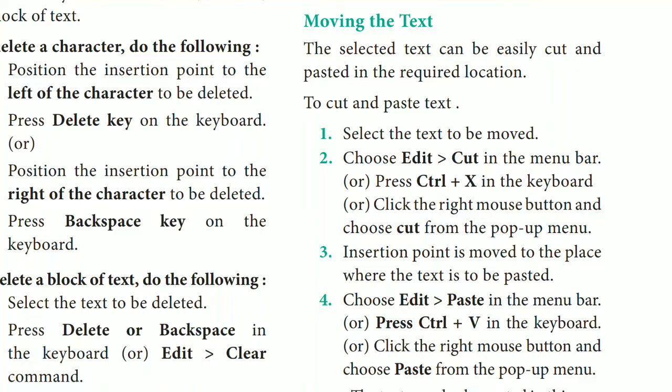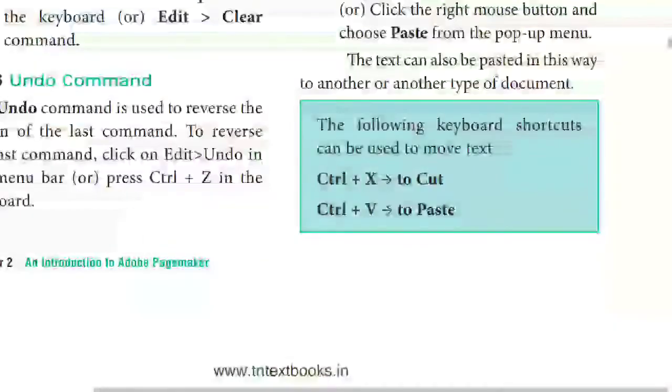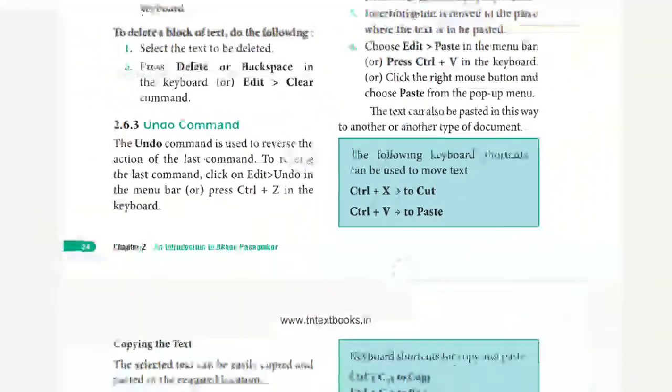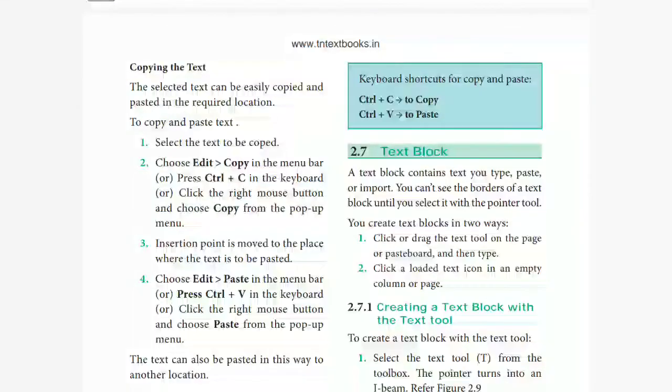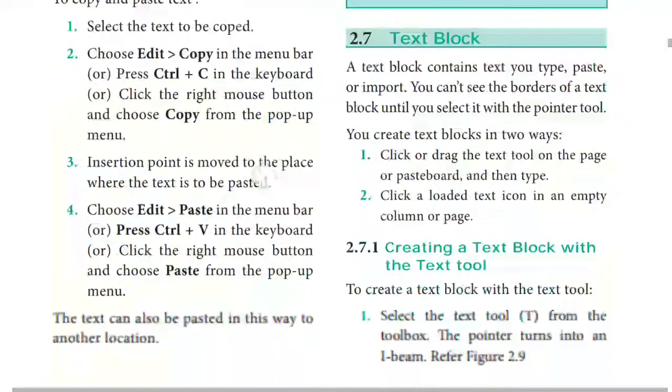Mostly all software has this as a standard procedure to move text from one document to another document. These are all the shortcuts: Control X, Control V. This is the shortcut key for paste, Control C plus Control V.